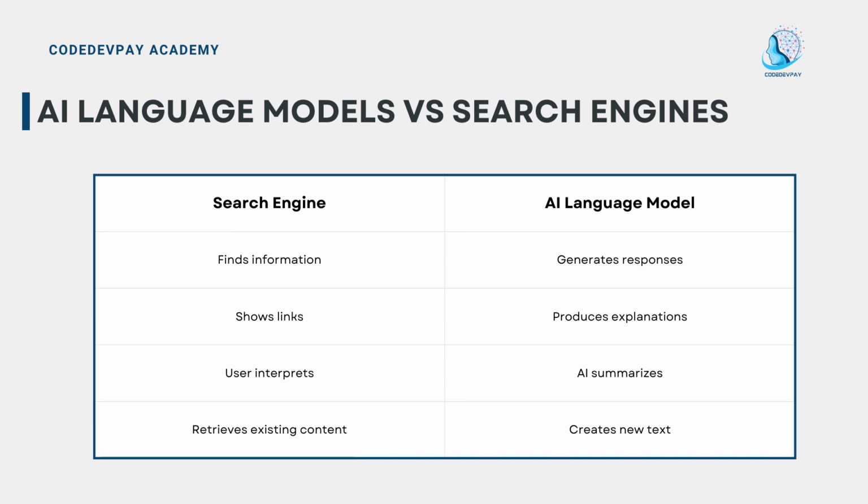Some key differences to note is that search engines find information, AI language models generate responses. Search engines will show you the links, AI language models will produce explanations. The user interprets, AI will summarize, and the search engine will retrieve existing content. AI language models can create new content. Now, let's have a quick demonstration of this.